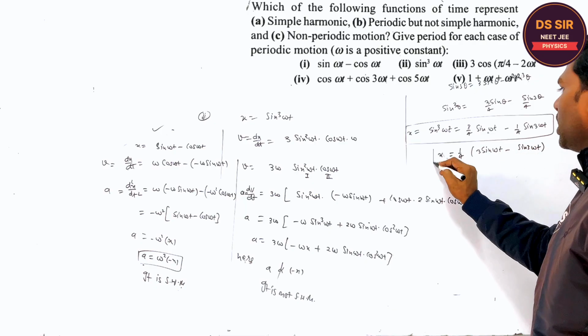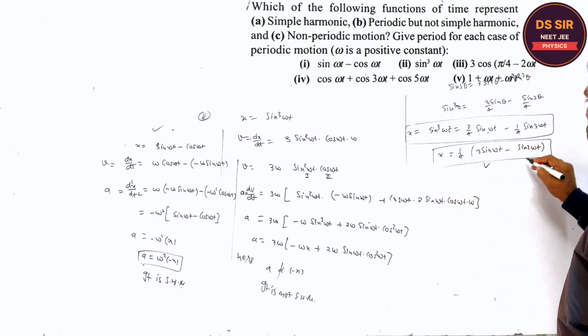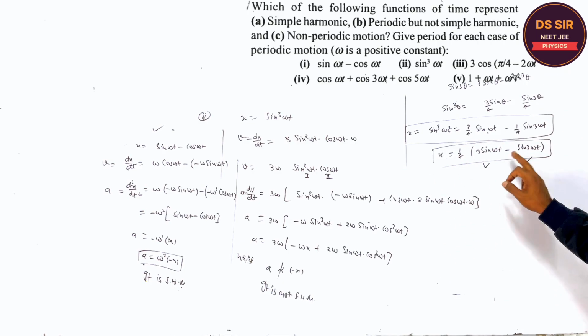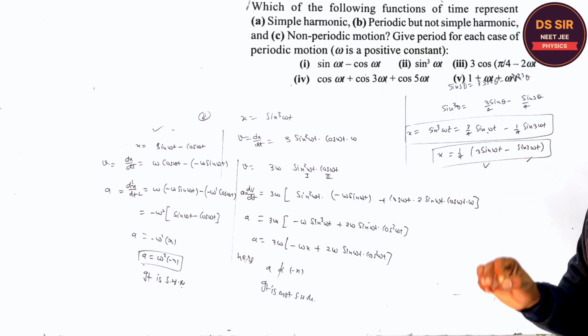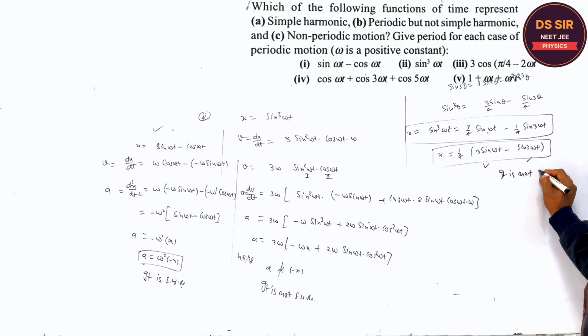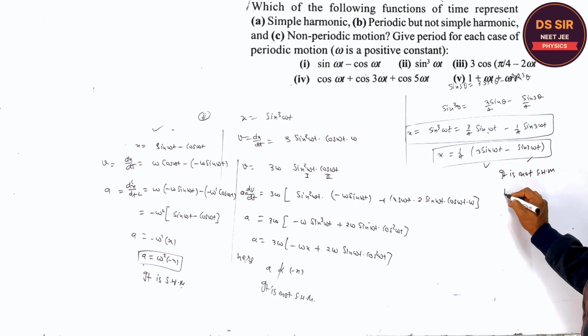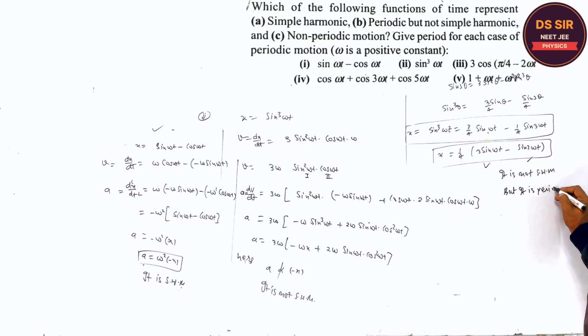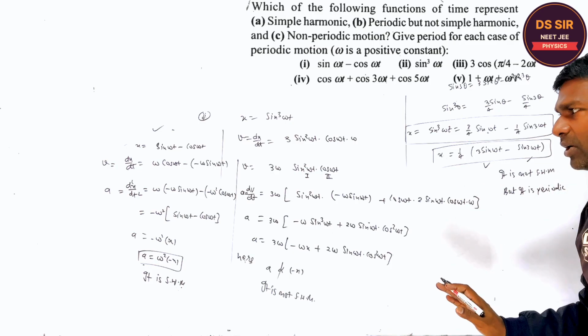Listen one thing. If two sinusoidal or cosine functions are added but their frequencies are different, it is not SHM, but it is periodic. You understand or not?